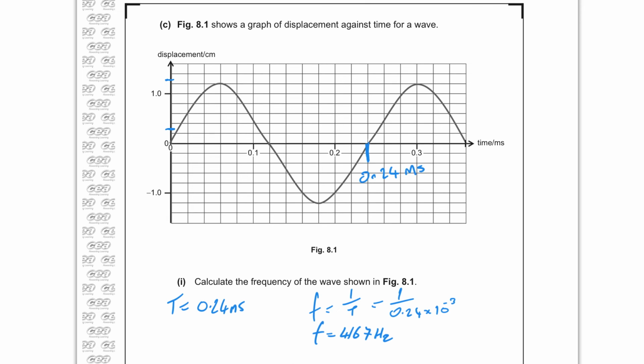So 4 squares along is where I'm going to start my wave, and then 4 squares along from the peak is where it's going to reach its maximum, and then 4 squares along from the crossing point is going to be where it will cross again, and then 4 squares along from the next peak is where, oh annoyingly, in here where it will peak again.